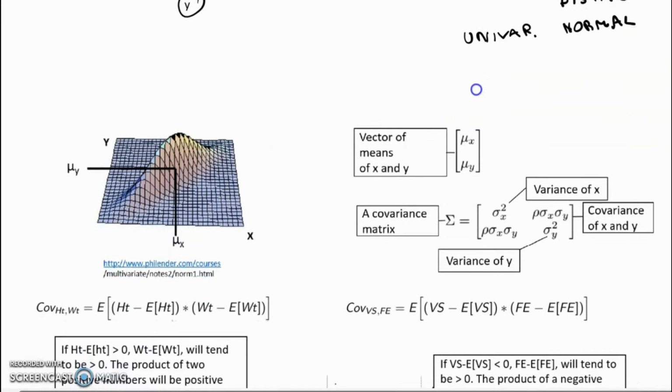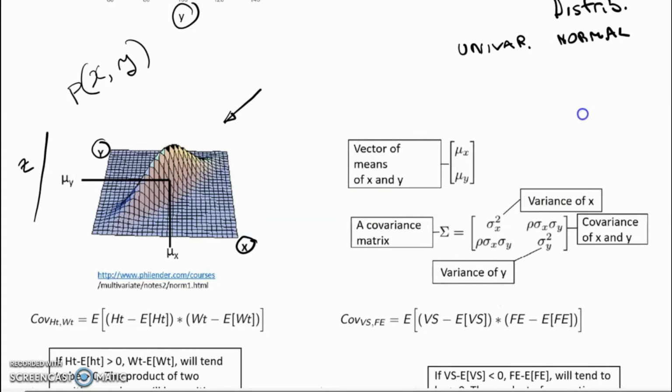So here we have not a univariate normal, but a bivariate normal. So we've got two random variables, x and y, and we can imagine some sort of a z-axis on which you'd have the probability density of the joint values of x and y.